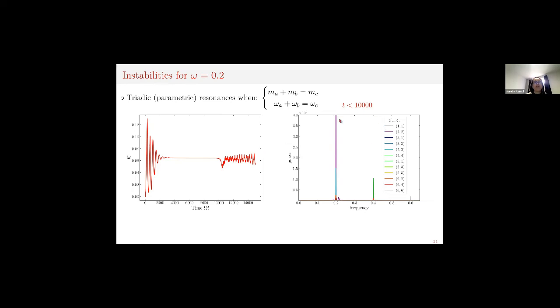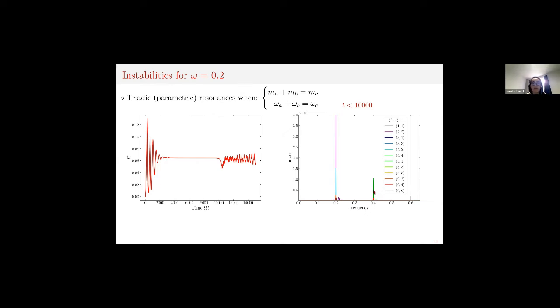And if we do a Fourier transform of the poloidal component of the velocity, for time range lower than 10,000, meaning before the oscillation starts, we have, as expected, the 0.02 frequency, which is the dominant frequency excited in our model.